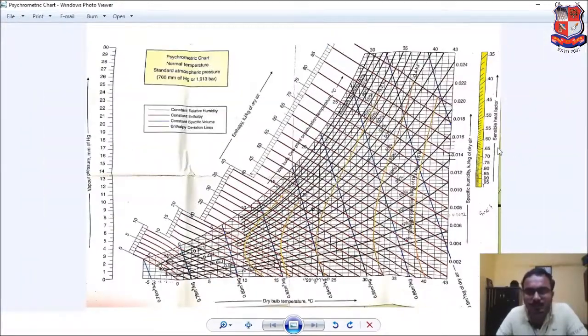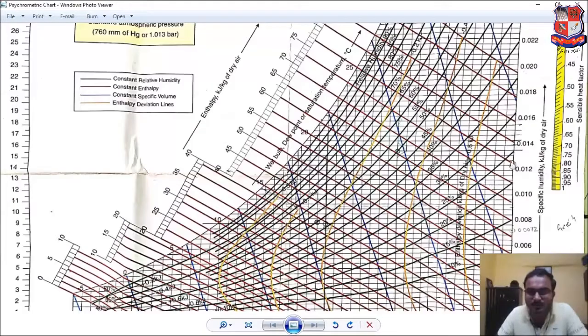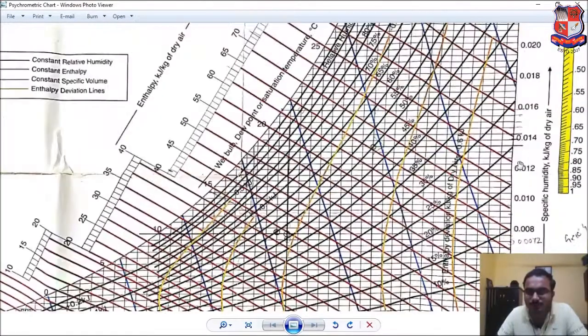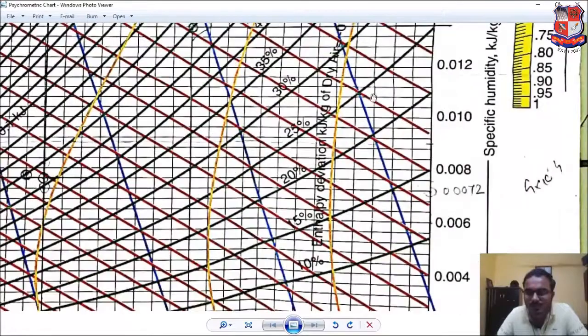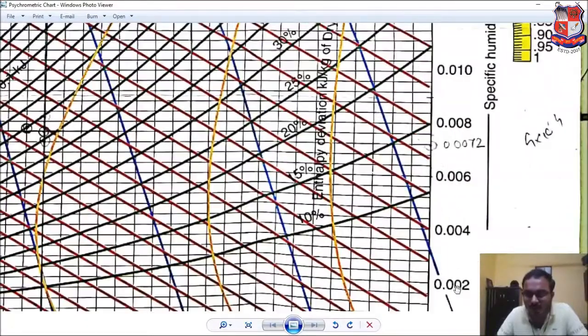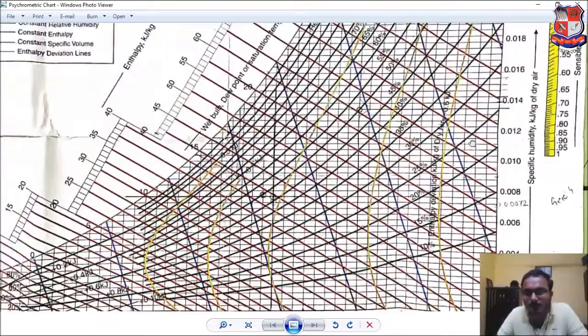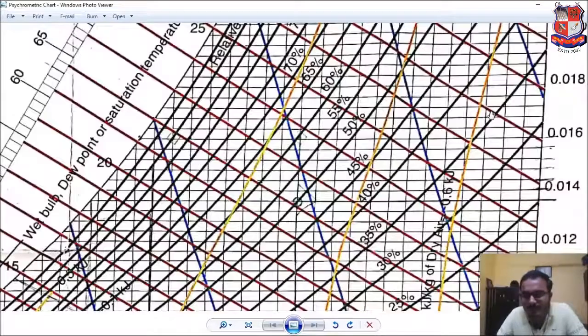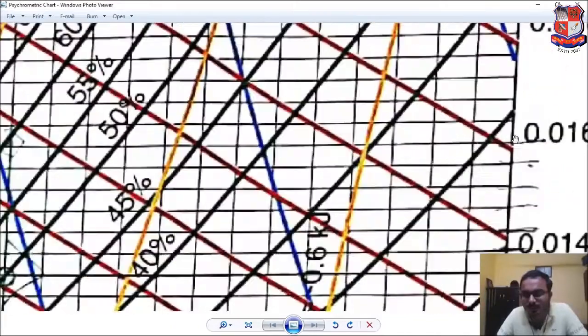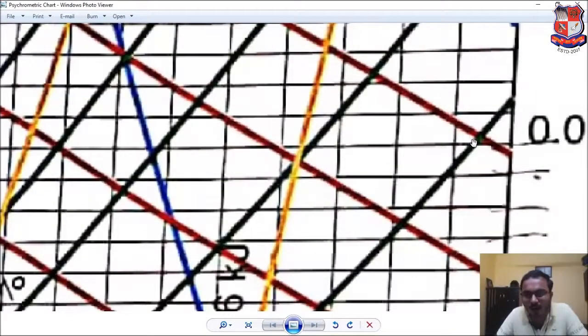Then the second category is constant specific humidity lines. So as you can see that these are values of specific humidity, that is 0.002, 0.004 and so on. So all the horizontal thin black color lines are constant specific humidity lines.